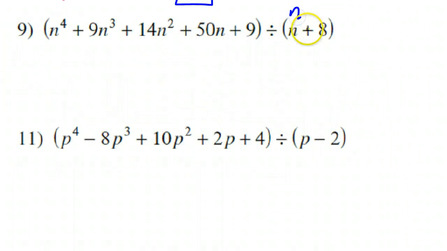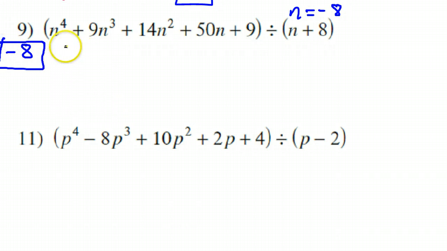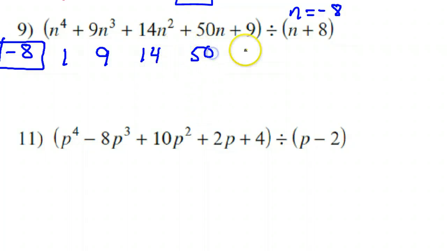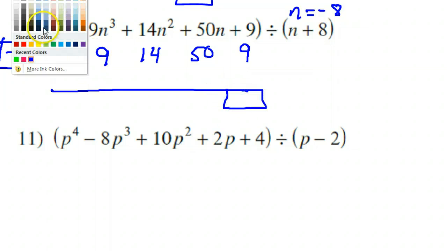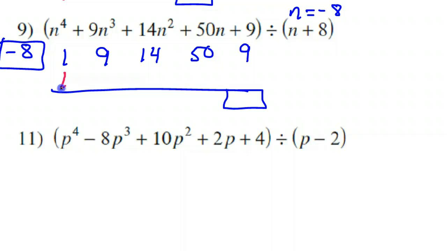Okay, and again, if this is the factor, then the potential wannabe 0 is negative 8. So negative 8 is what goes in the box. 4, 3, 2, 1, 0. 1, 9, 14, 59. It is easy as pie.